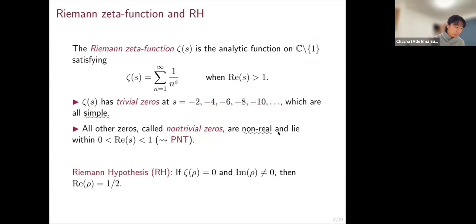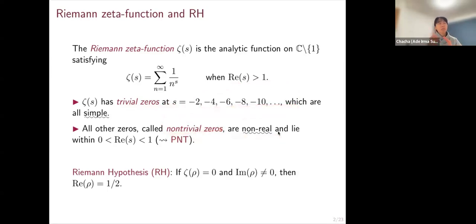Now, the thing we are concerned about is the exact location of the other zeros, which are called non-trivial zeros, so all zeros other than the trivial zeros. What we know, more or less immediately, is that in contrast to these trivial zeros, which are all real, all these non-trivial zeros are not real.